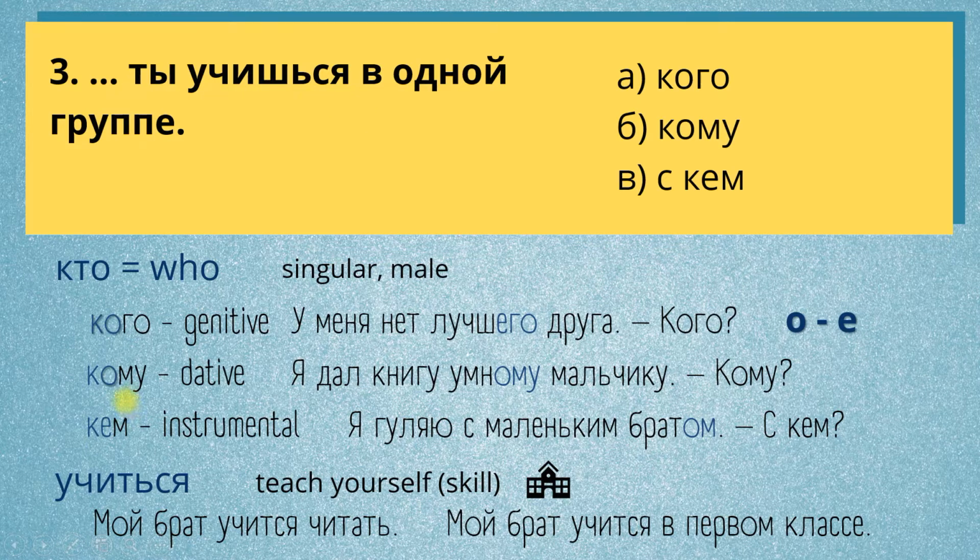Кому? Don't give. Кого? I don't do anything to the person. And it's not a have construction. So, of course, it would be with whom. С кем ты учишься в одной группе. С кем ты учишься в одной группе.